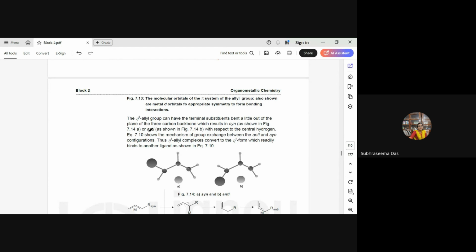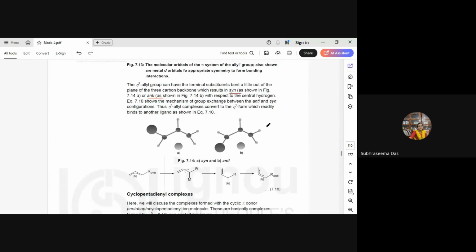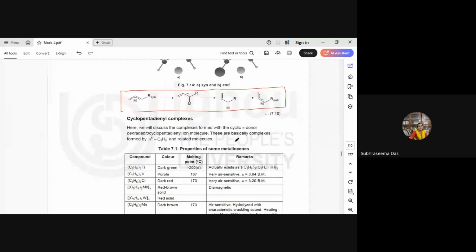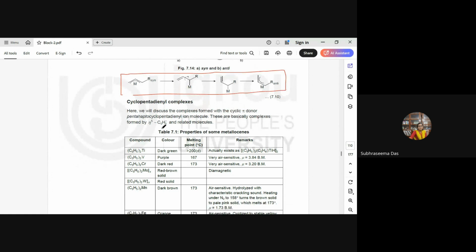The eta 3 allyl group can have the terminal substituents bent a little out of the plane of the 3 carbon backbone, which results in syn or anti configuration with respect to the central hydrogen atom. Equation 7.14 shows the mechanism of interconversion of the syn form with the anti form. Then after allyl complexes, we'll talk about cyclopentadienyl complexes.